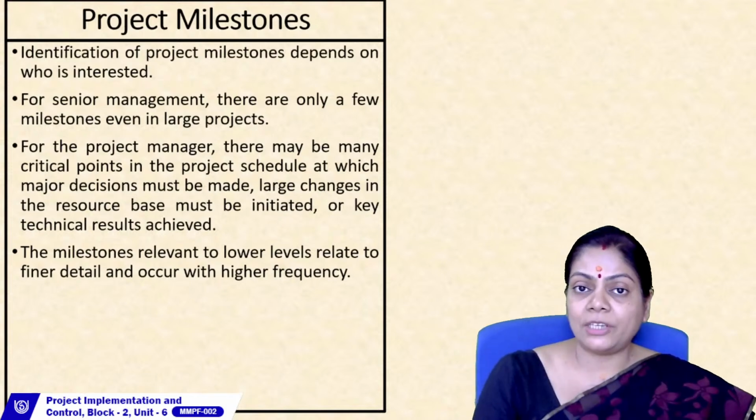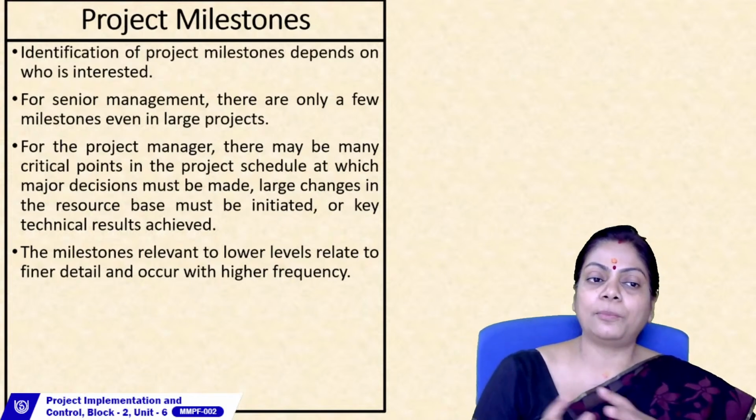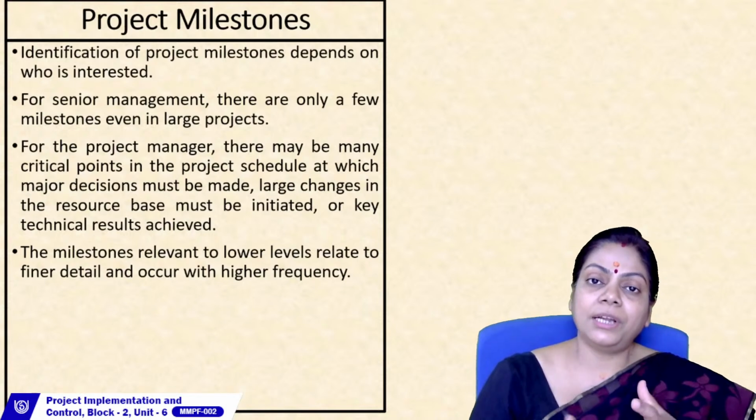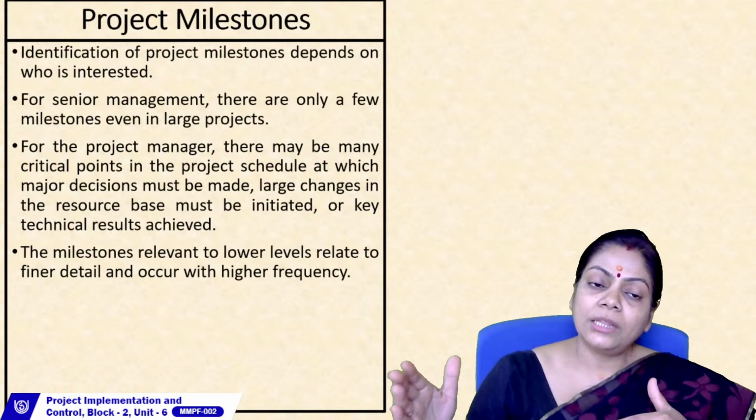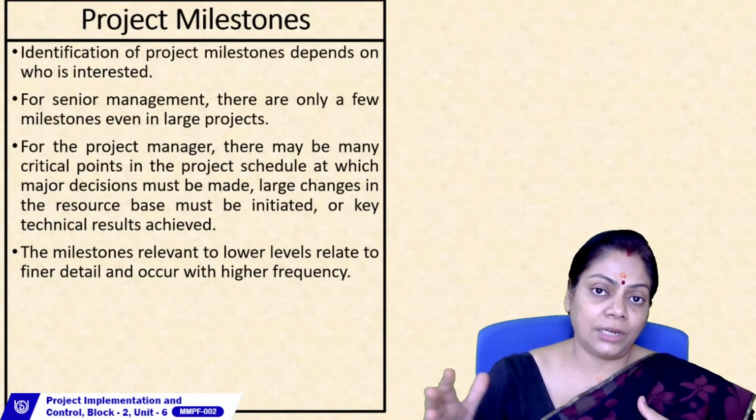But for the project manager who is in charge of delivering that particular project, there may be several critical points. If he is monitoring only at 5 or 6 points, then probably the project is in danger.